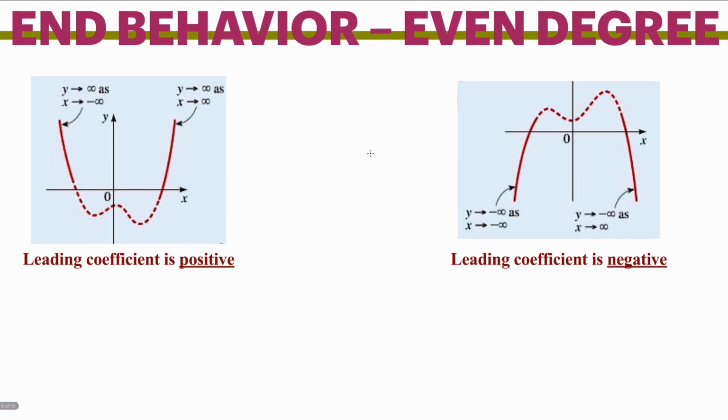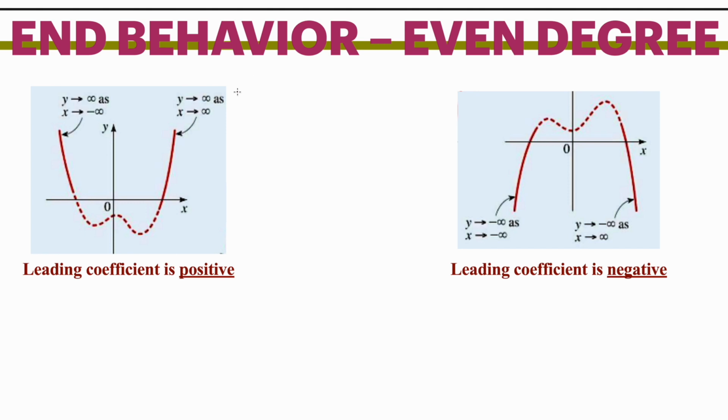If it is an even degree, for example, we're looking at x squared, x to the 4th, x to the 10th, then you'll notice the function is going the same direction from the left and right. So as x is approaching negative infinity, the function is going up.